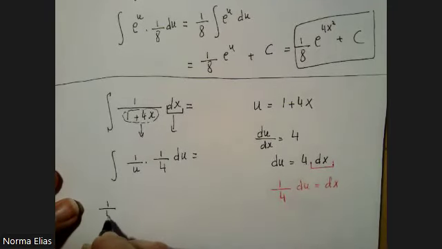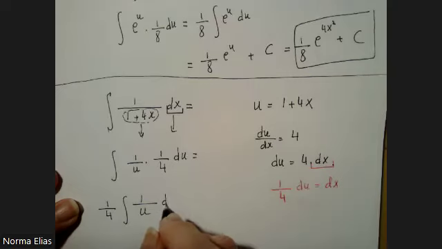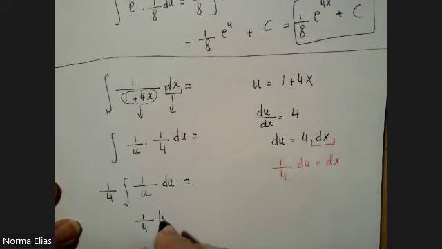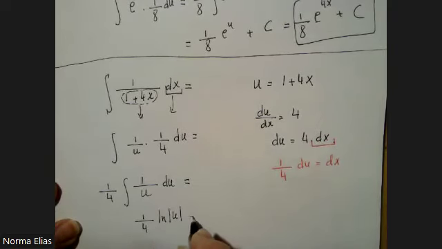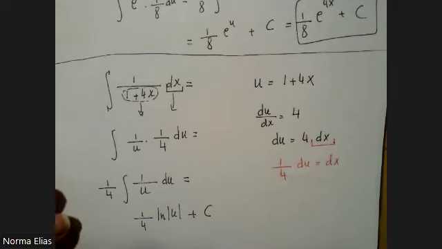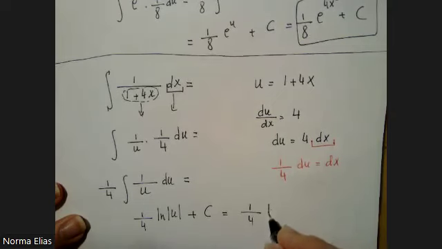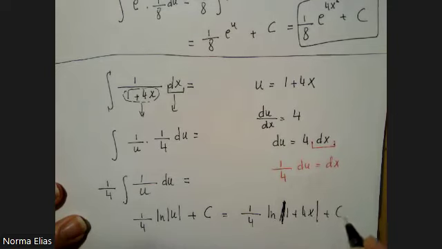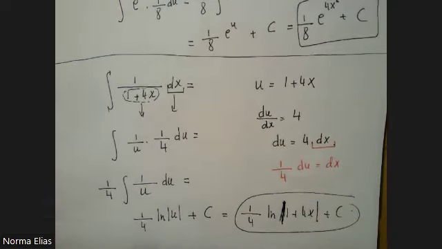We get it out. Du. Okay, which will give me 1 over 4 the natural log of u, plus a constant c. Now we are safe. 1 over 4 ln of the absolute value of 1 plus 4x, plus c. And that's the end of the problem. All right.